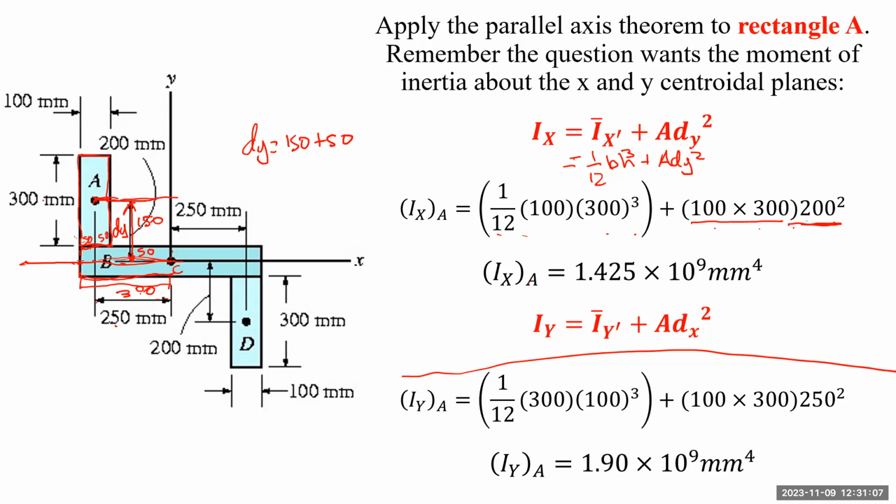Divided by 12. Let's see if this is correct. Let me check that figure. I'm doing it in the calculator here: 300 to the third power times 100 divided by 12.